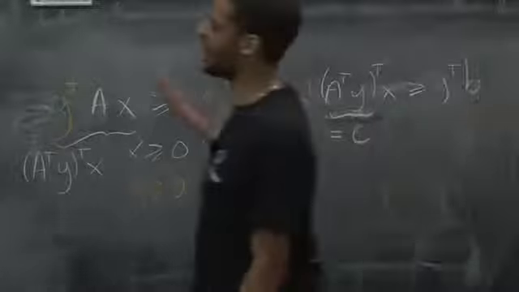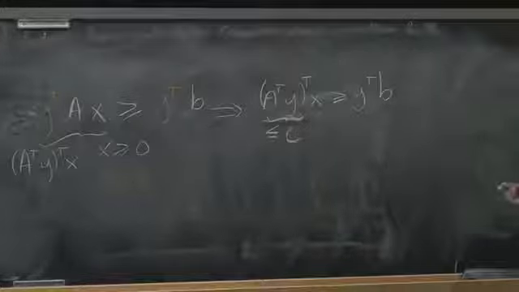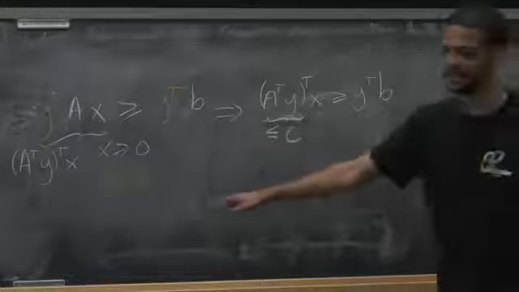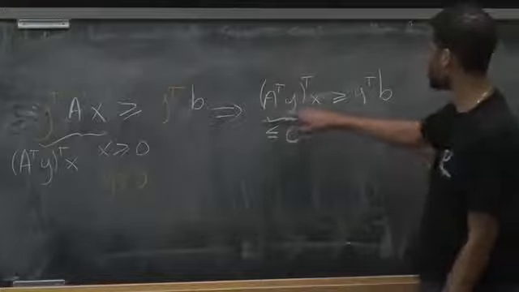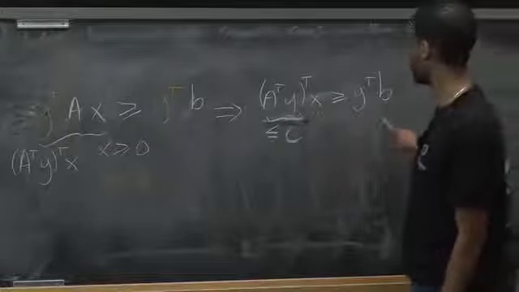In fact, it doesn't even need to be equal to c. Suppose that I show you that A transpose y is at most c coordinate-wise. That would also prove a lower bound, because x is non-negative. So if A transpose y dot x is big, then c dot x definitely is also big.